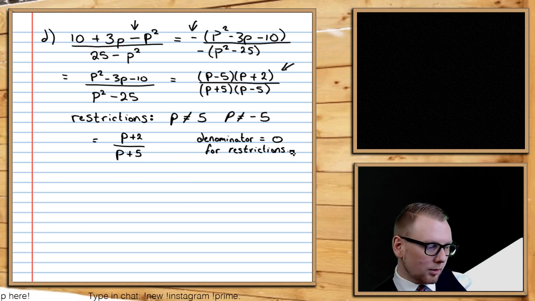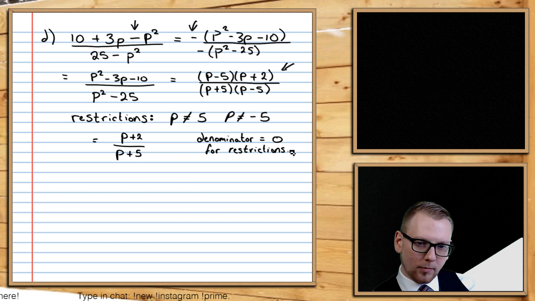So do you see how it's just the denominator that's equal to 0? For the restrictions, it doesn't matter what the numerator is.